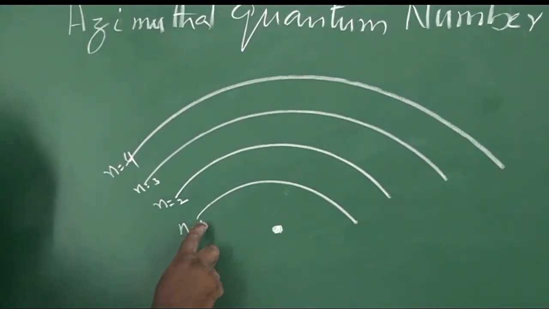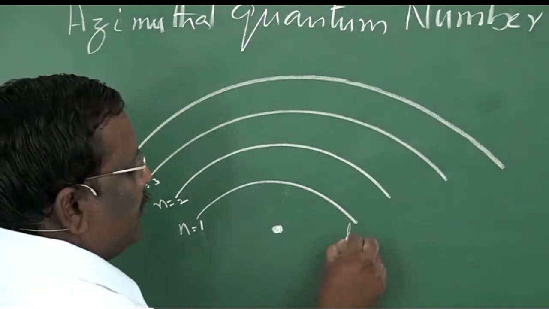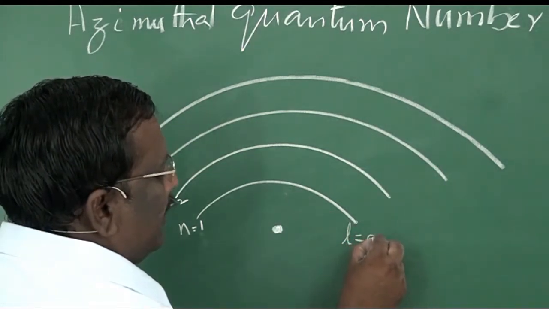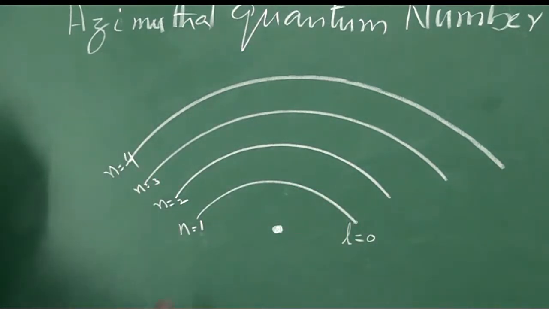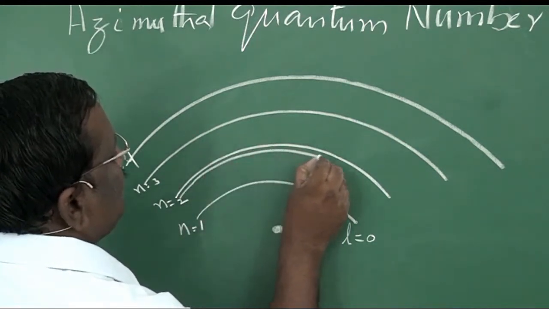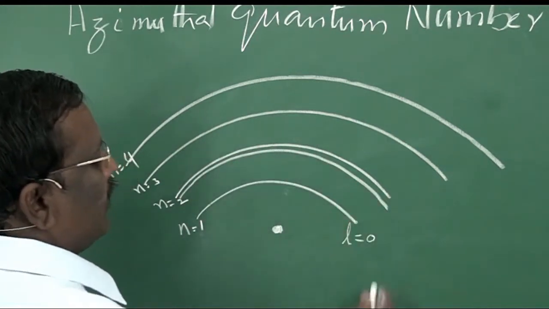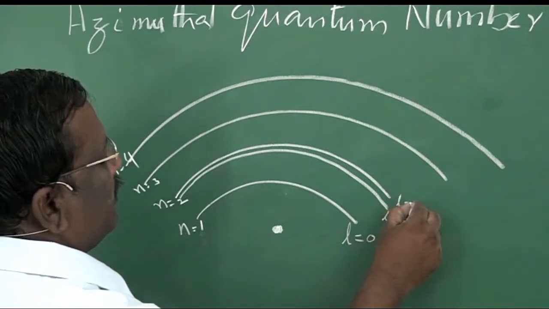So for n is equal to 1, only one sub-energy level is there, which is l, and its value is 0. In the second main energy level, you have two sub-energy levels. For one, l is equal to 0. For the second one, it is 1.